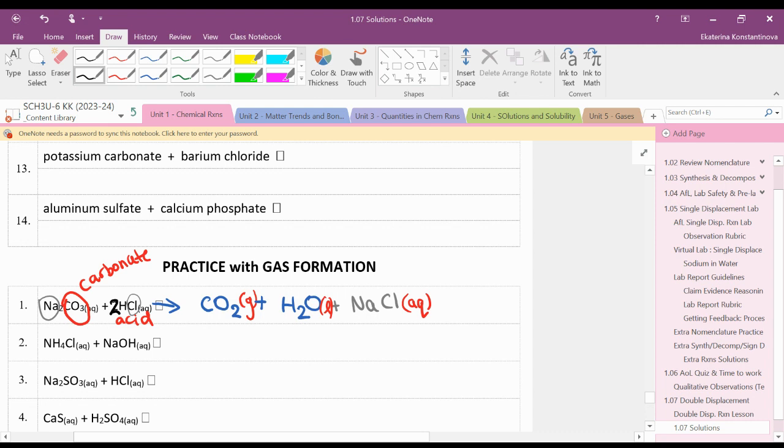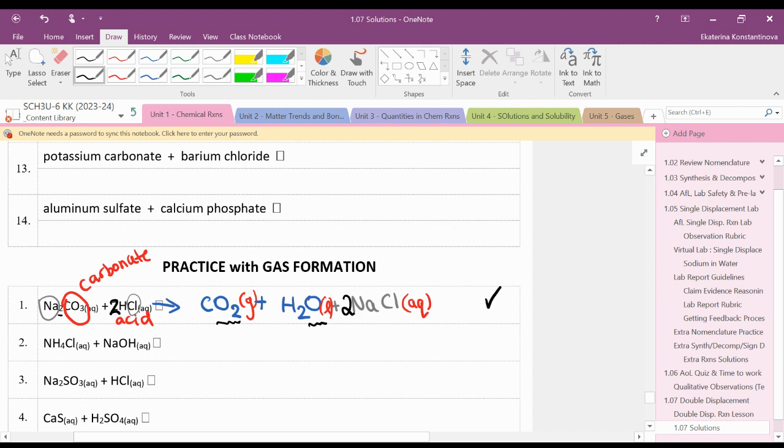I forgot to remove it, because you have 2 hydrogens on the product side, and you also have 2 sodiums on the left, and now 2 chlorines on the left, so you have to add a 2 there for sodium chloride. Also, though, notice that my CO3 has broken up into water and carbon dioxide. So here are my 2 oxygens, and here's one more. So there's the 3. So yes, oxygen is balanced in this case.